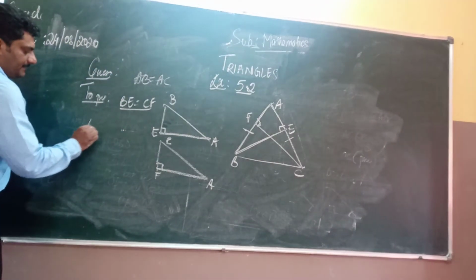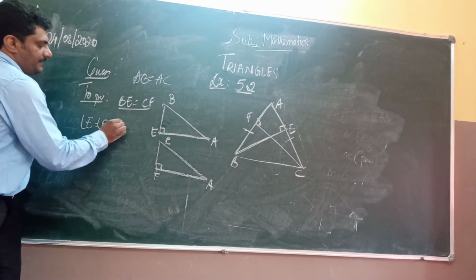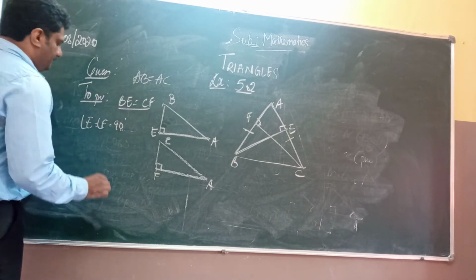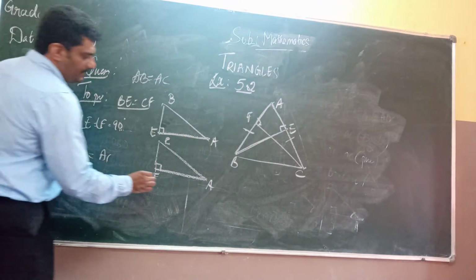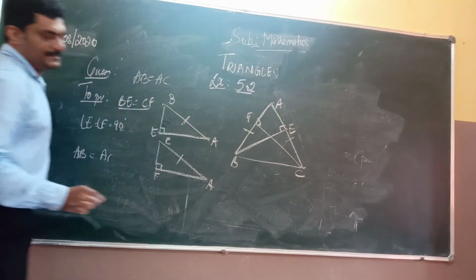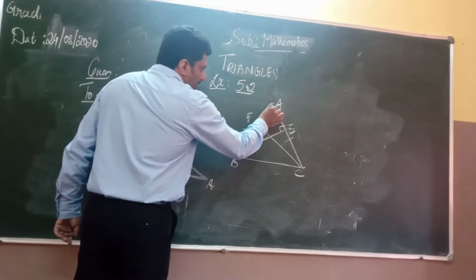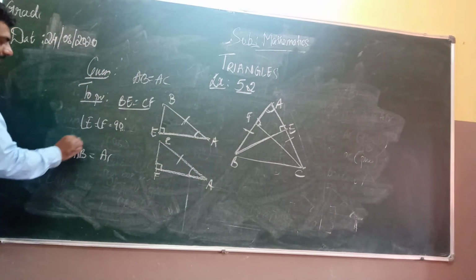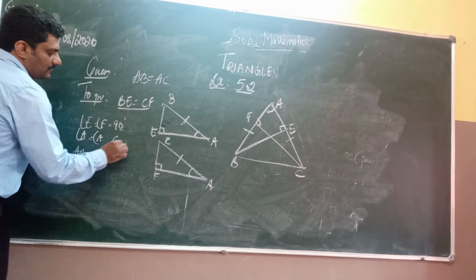I can write angle E is equal to angle F. Now AB is equal to AC. Then, if you see this angle, this is a common angle for both. Can I write angle A is equal to angle A?